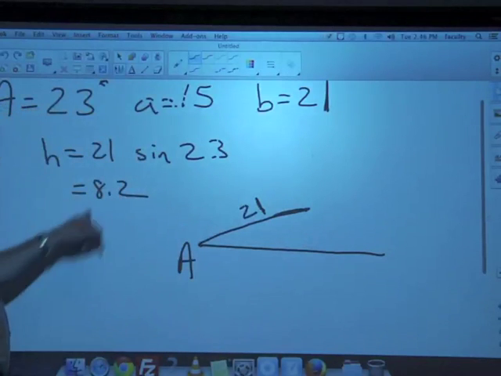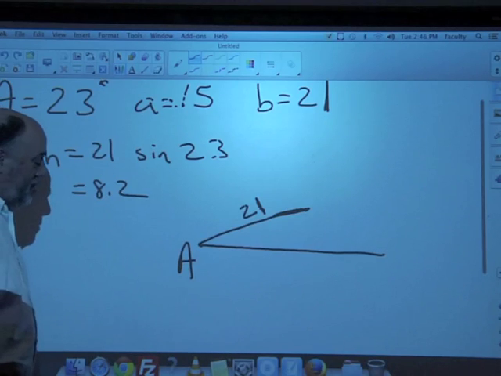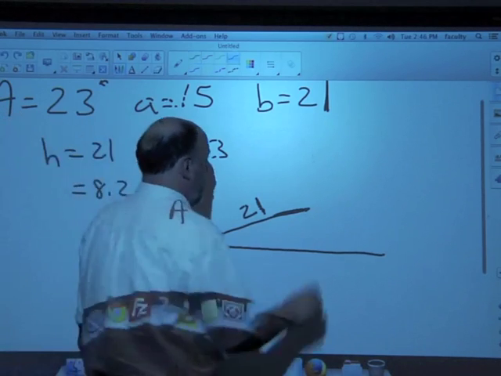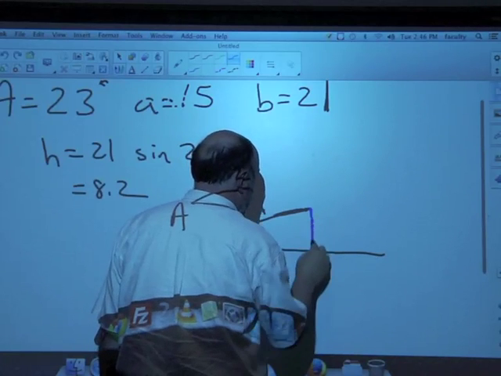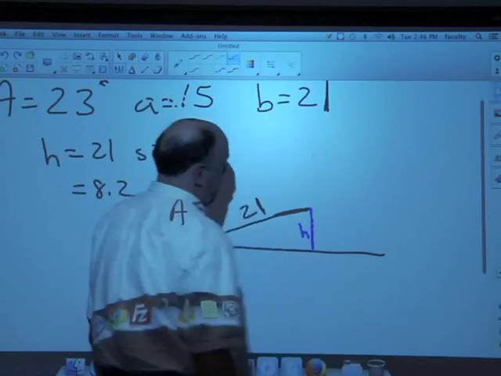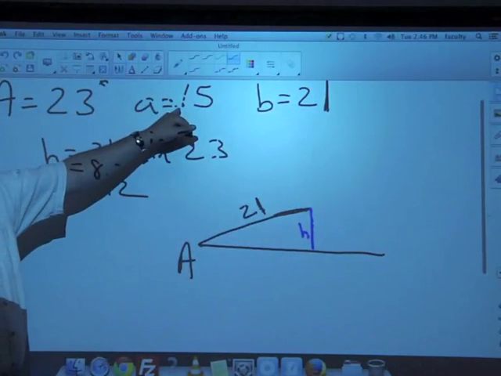We know the height is only 8.2. So let's put that in. Here's my height, that's h. Well, side A is 15.